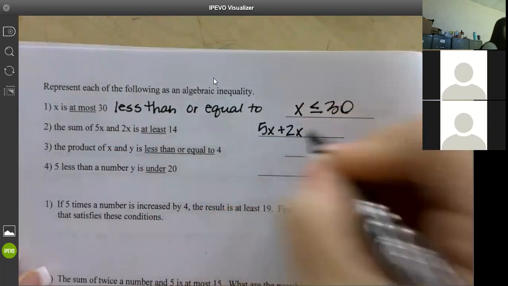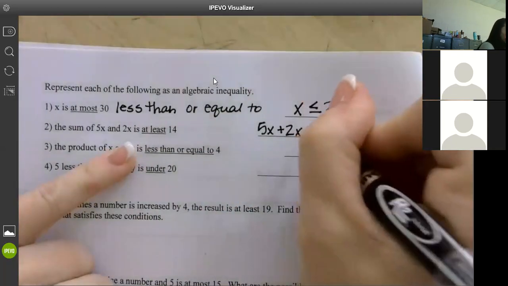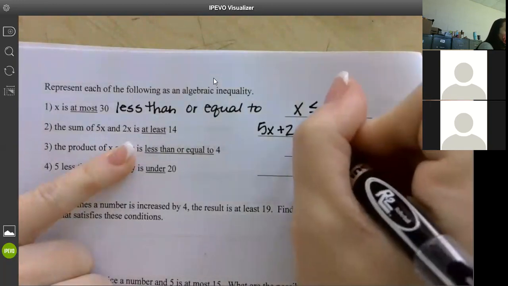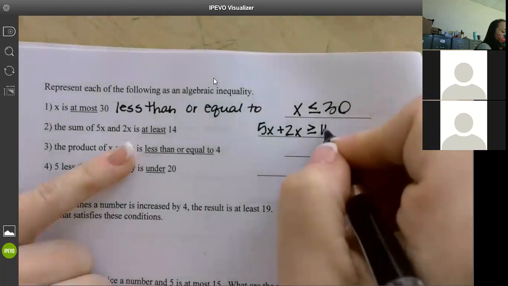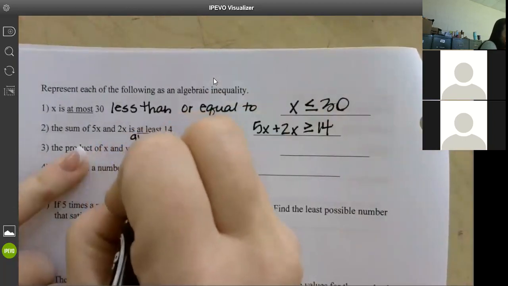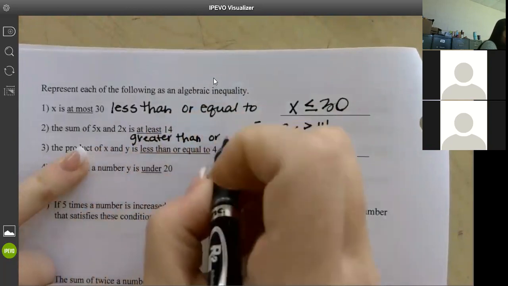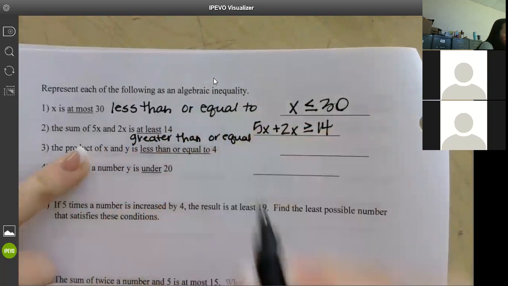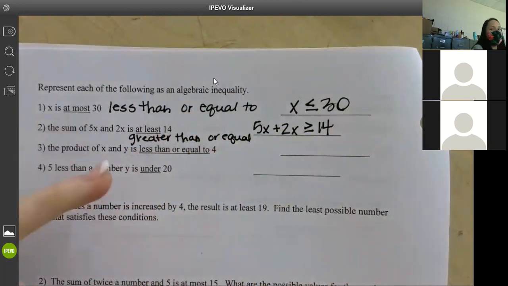So we're going to add those, the sum, you guys know that, is at least, that means the littlest it can be is 14. So it's got to be bigger or equal to 14. So this one is greater than or equal. You need to know these terms, okay? You need to know these terms. And I'm writing them here so that you guys can go back and look at it, okay?